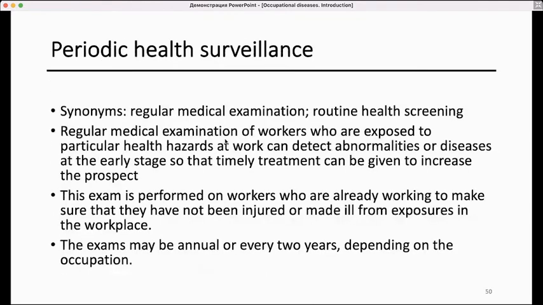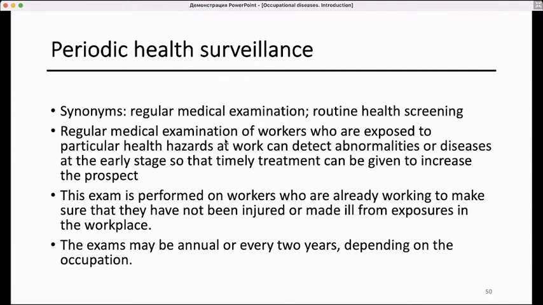Periodic health surveillance is the second form of routine diagnostic procedures. Synonyms of this are regular medical examination, routine health screening, and many others. Regular medical examination of workers who are exposed to particular health hazards at work can detect abnormalities or diseases at an early stage, which is essential, so that timely treatment can be given to increase the prospect of recovery.